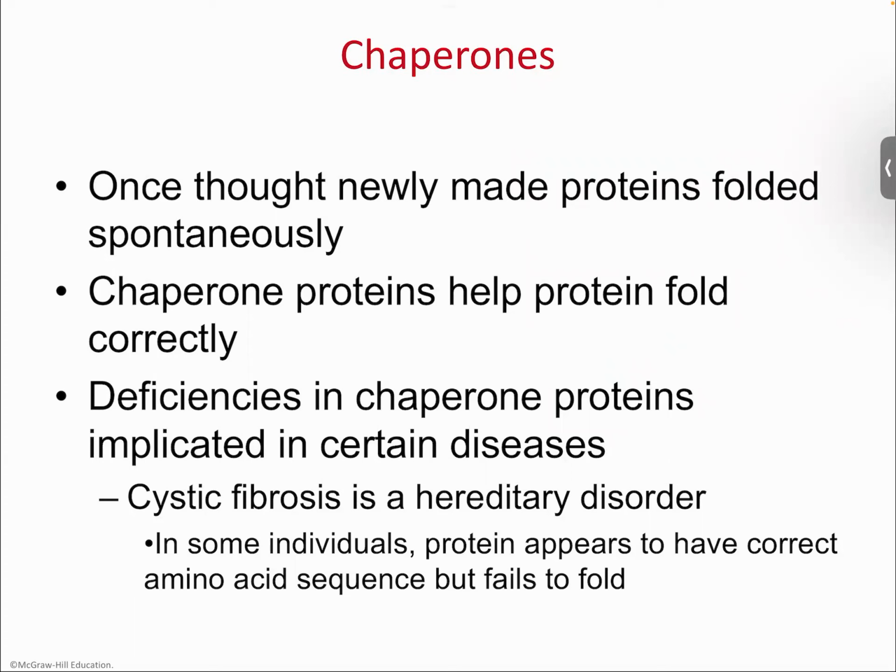Not only that, but we used to think that every now and then it would kind of fold incorrectly, right? And when it folded incorrectly, we had to have proteins come in and fix it, right? So we used to think that chaperones used to come in to fix the rare unfolded protein.